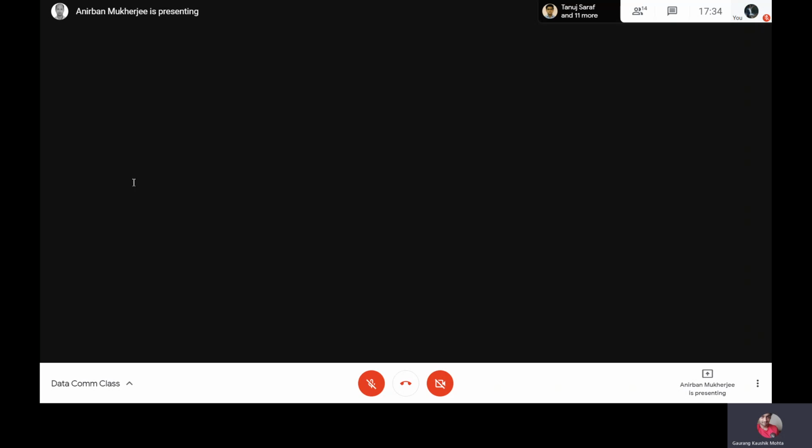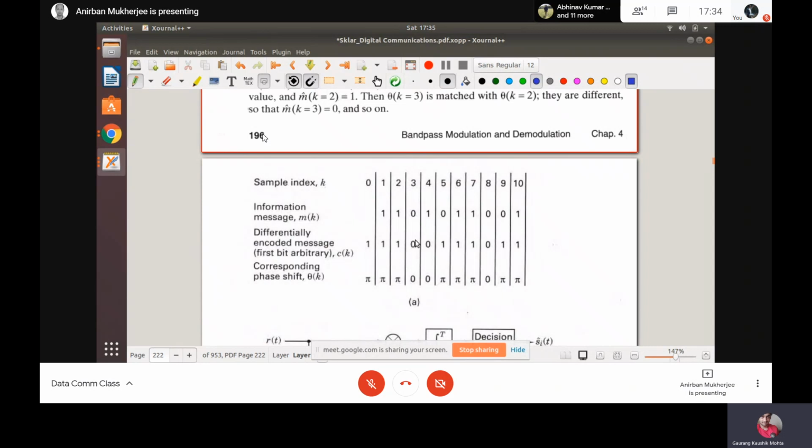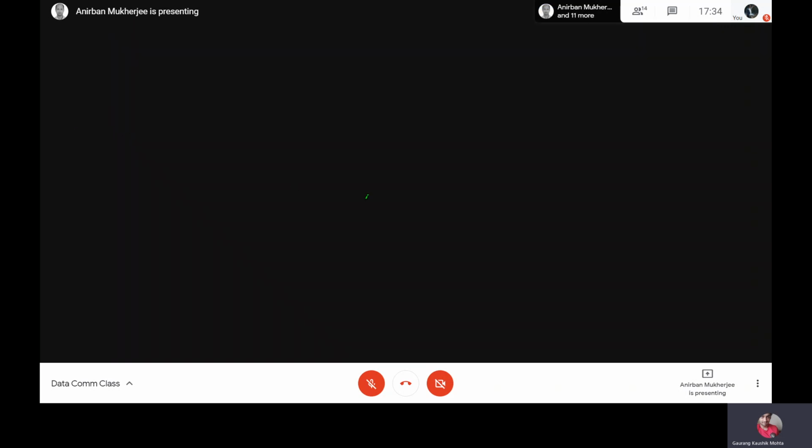Then 1 and 1 gives 0, complement 1. Then 1 and 0 gives 1, complement 0. In this way, this is my message. Please see that the first bit is arbitrary. If you know the first bit, then the rest of the things are valid.